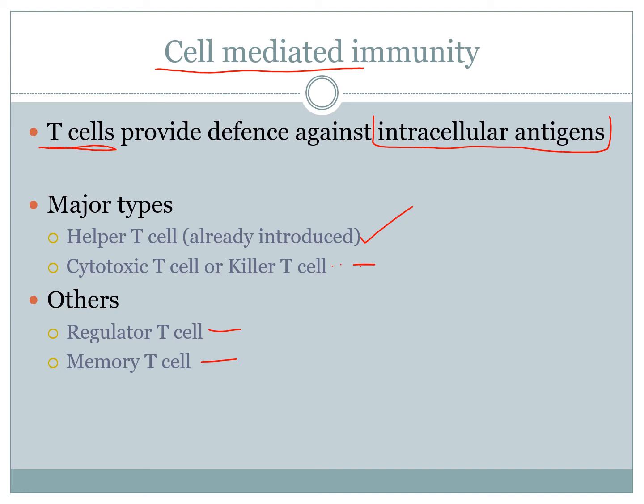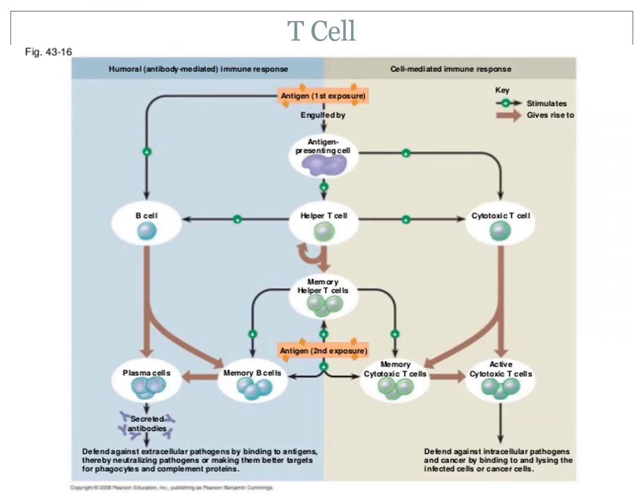T cell activation happens with the same starting point as B cell activation does. It all starts with the antigen presenting cell that finds the helper T cell and then starts the process from there. The difference is the helper T cell can't find an antigen itself to activate itself. It needs to have that connection with the antigen presenting cell.